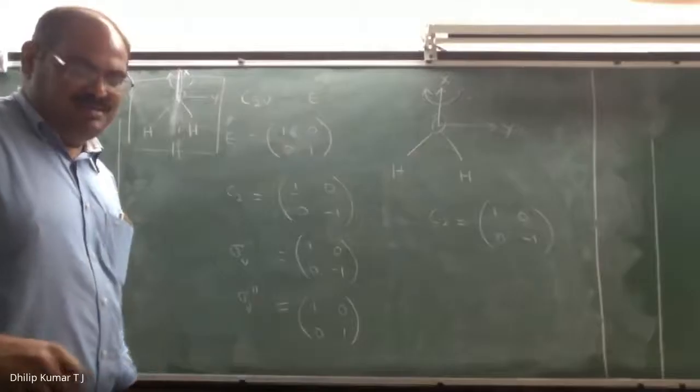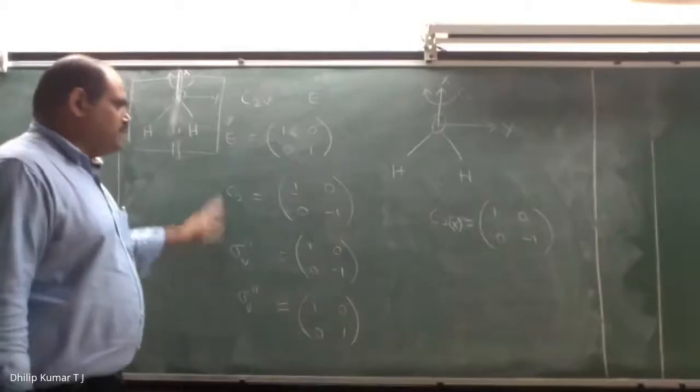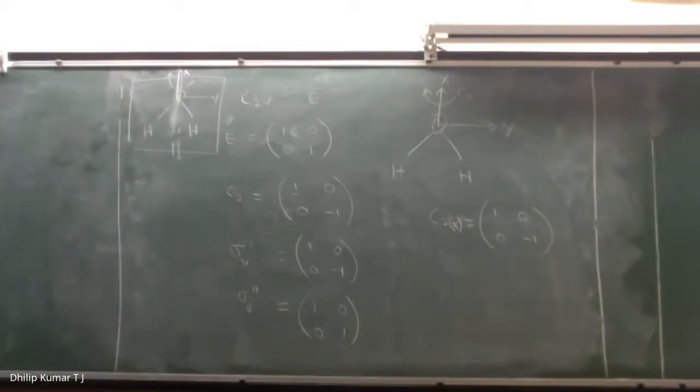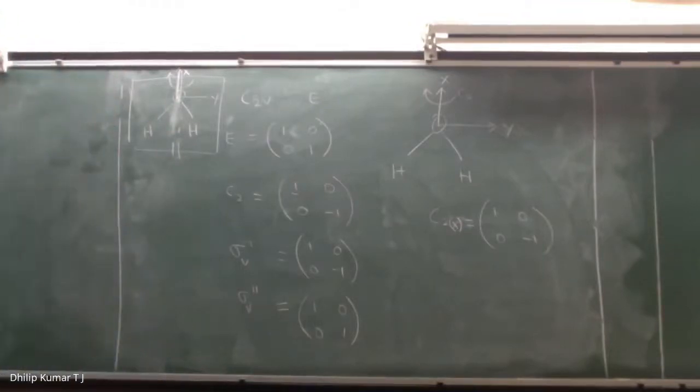Sir, just by seeing the matrix, how will we know which corresponds to C2 and which corresponds to sigma v prime? Because in the water molecule C2 is also the z axis. That could be a possibility, it could be the same type of matrix elements.